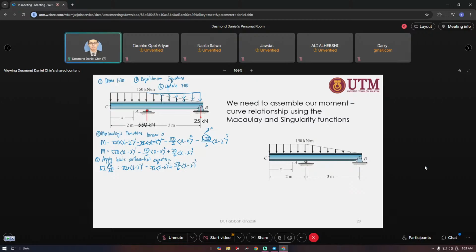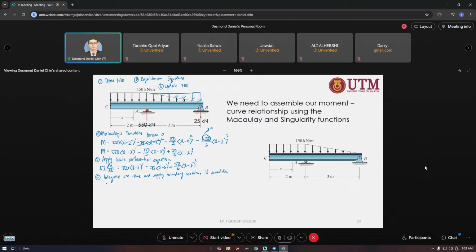So step 6, integrate one time and apply boundary condition if available. Okay, available.